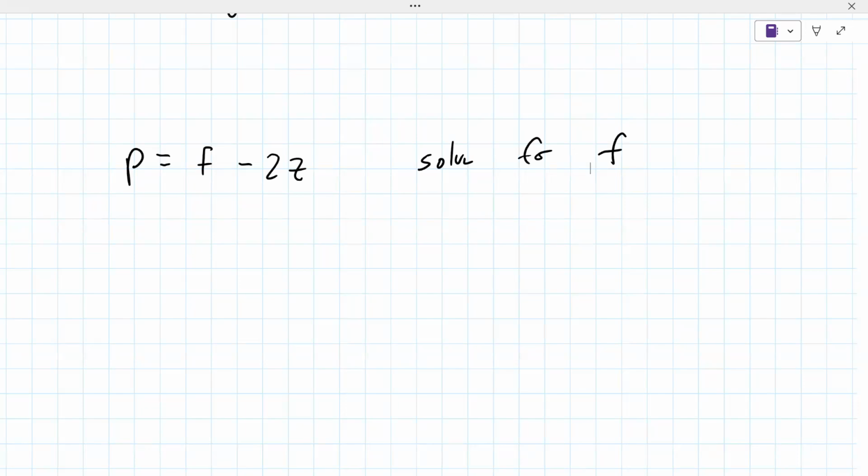Addition. Okay, so what are you going to add to both sides of the equation? You're going to add 2Z to both sides.